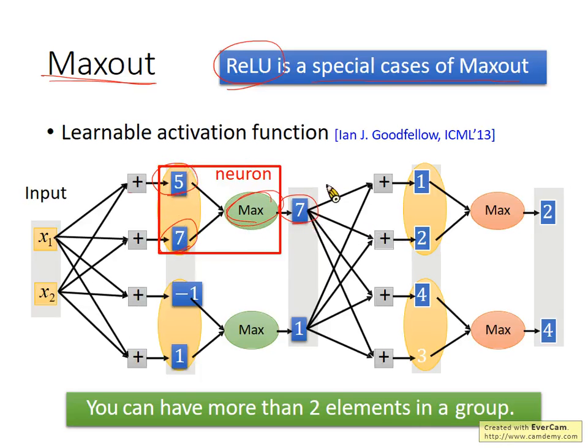And this simple operation, the maximum operation, can be repeated many times, and we can consider more than 2 input values, and then we can consider multiple layers of maximum operations. Okay, so you can have more than 2 elements in a group, and this is the so-called Maxout network.